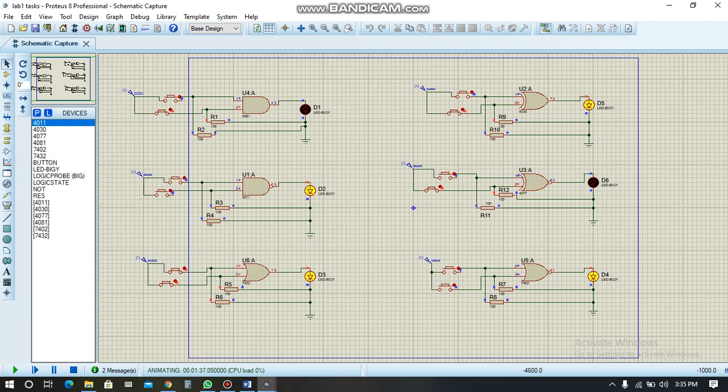And one more is the NOT gate. I have refreshed my document, so I will have to make the NOT gate right now before I switch.